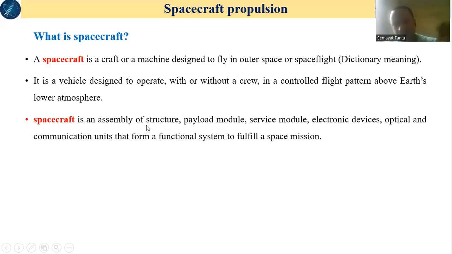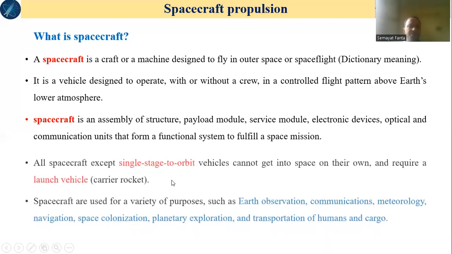Those who have good design knowledge on structure can handle this part. Those with good knowledge of electrical devices will handle that portion of the spacecraft, and the optical and communication system, avionics system and radio system will all be included under spacecraft. So this is the meaning of spacecraft.